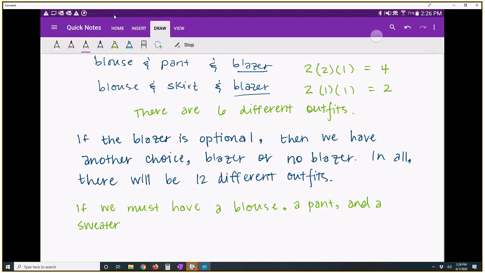But if we make the sweater optional, like we did with the blazer, then there are 24. And this is a pant or a skirt, of course.